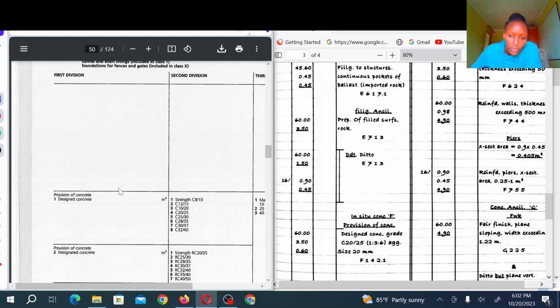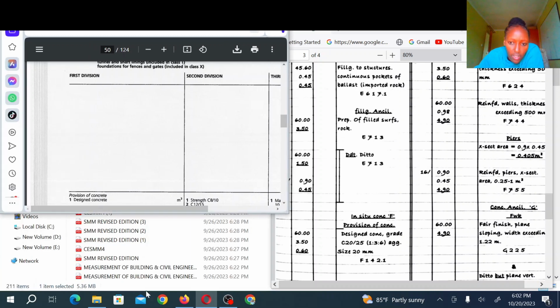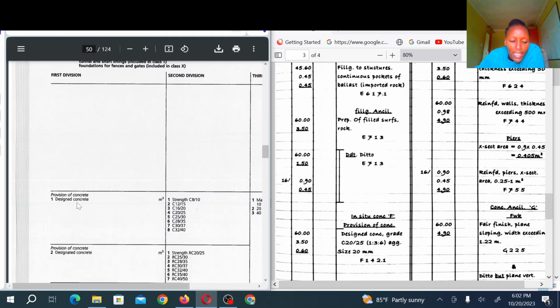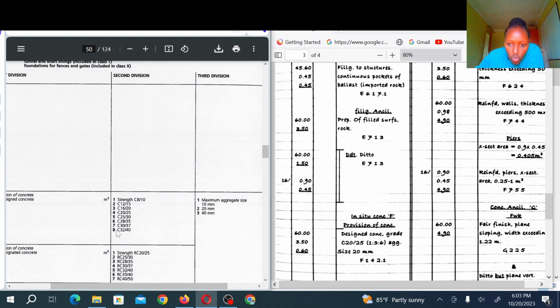We have written it as the heading. Subheading, it shall be designed concrete, class 20 stroke 25. We had already been told in the notes.